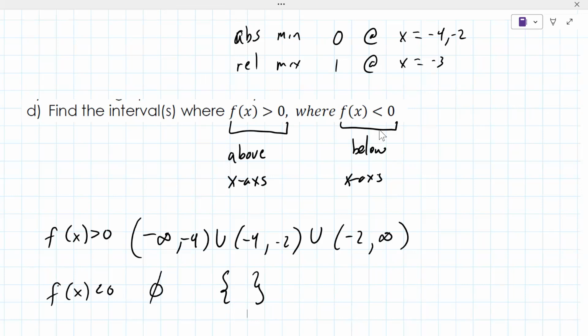And then for E, it says find the intervals where f of x is increasing, where f of x is decreasing. So increasing means going up and to the right, and decreasing is down and to the right.